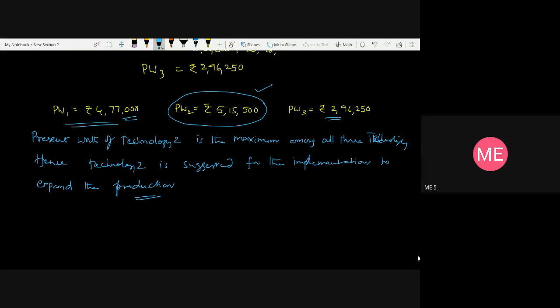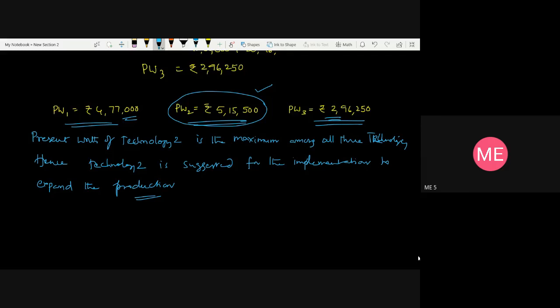Present worth 1 is done, then present worth 2 and present worth 3 are calculated for all three alternatives. Because it is a revenue dominated cash flow problem, we look at which gives the more present worth value. The maximum present worth will be chosen as the best alternative.